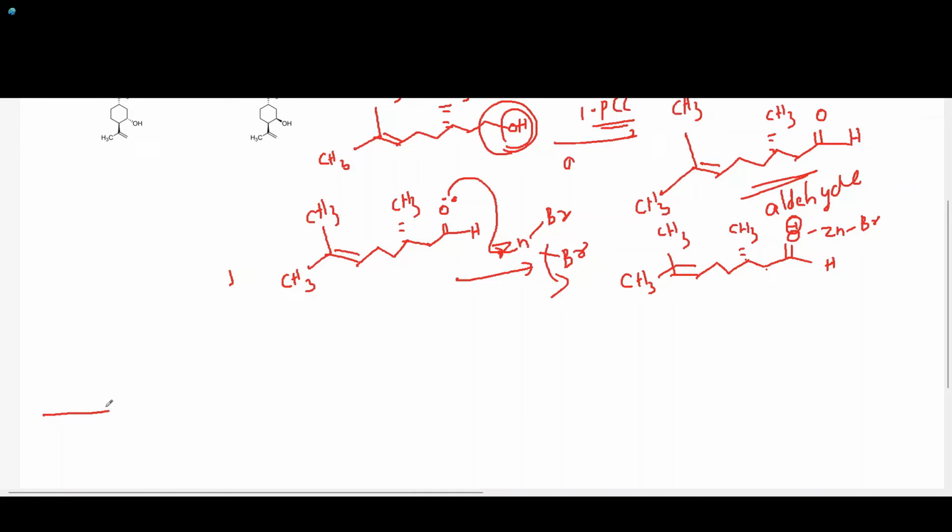When we write it like this, you have your C double bond O plus Zn Br like this, and your CH3 is the alpha, and your CH3 is like this, right? So this is a simple metallo-ene reaction.